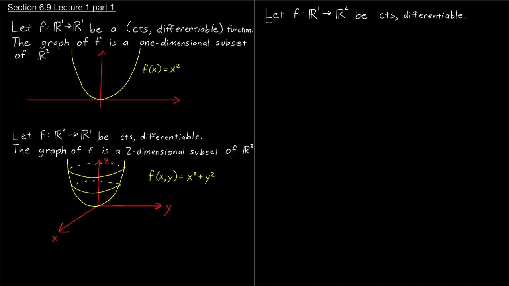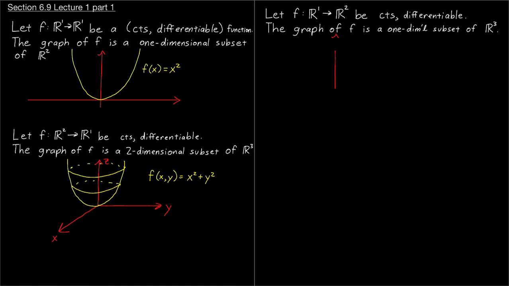And then the graph of f is still one-dimensional. Your input still looks sort of like R1. You can still trace it out by drawing with one pencil. But now it's a subset, not of R2 like in our first example, but a subset of R3. You need one dimension for the input and 2 dimensions for the output.